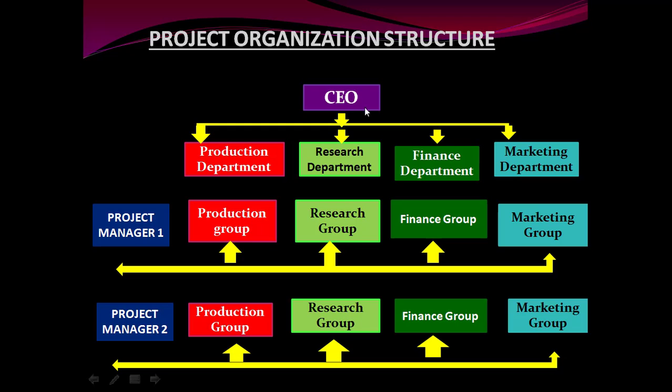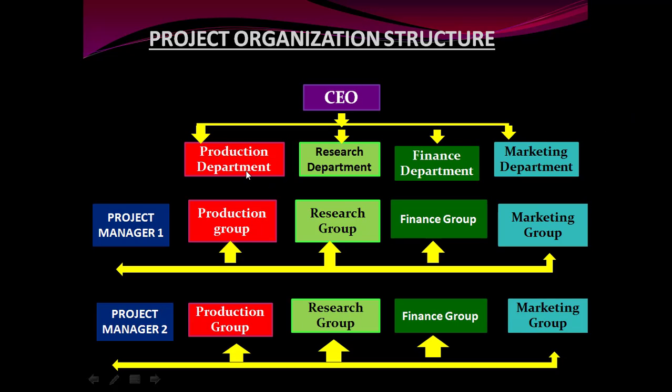That is, the project organizational structure will look like this. Here, at the top management, there is the CEO. Then, as we saw in the functional organizational structure, the departmentation is done on the basis of the job functions. Now, this is the permanent functional structure which the organization will have, right?